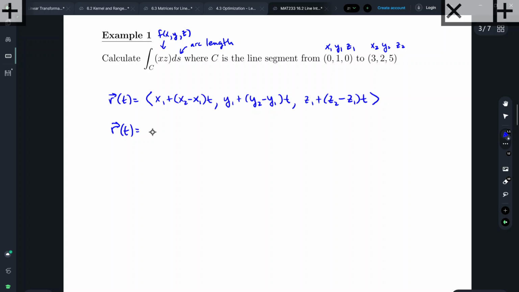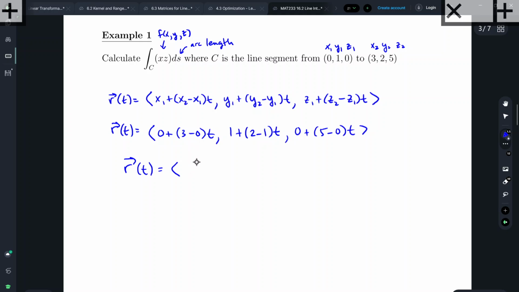Okay, so let's calculate this. The x component will be 0 plus 3 minus 0 times t. The y component will be 1 plus 2 minus 1 times t. And the z component will be 0 plus 5 minus 0 times t. So simplifying everything, what do you get?